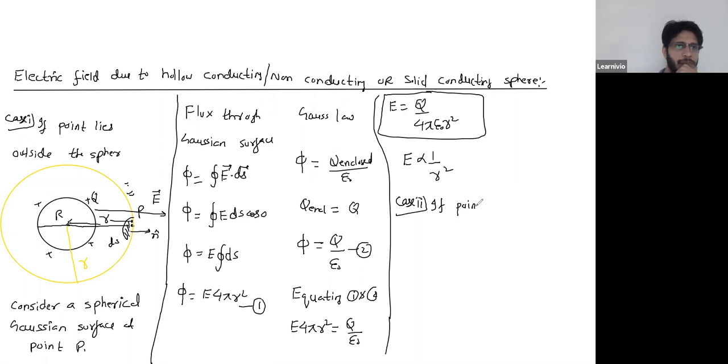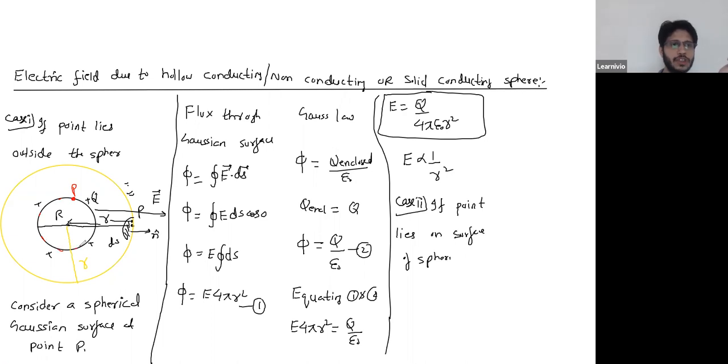The second is if point lies on the surface of sphere. Can you guess the radius of the Gaussian surface now? If point lies on the surface of sphere, say if point lies here, then the Gaussian surface will coincide with the surface of the sphere, right?